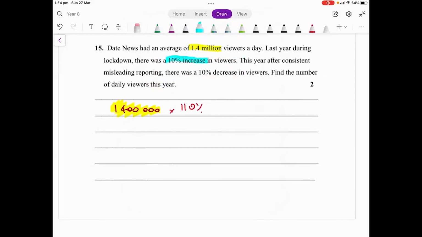So you always start at 100%. If you've got a 10% increase, you've got 110%. If you've got a 10% decrease, you've got 90%. So you multiply all that together, 1.4 million times 110% times 90%. That gets you 1.386 million viewers.